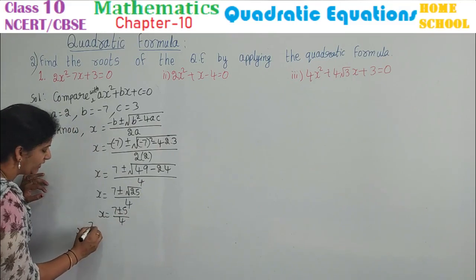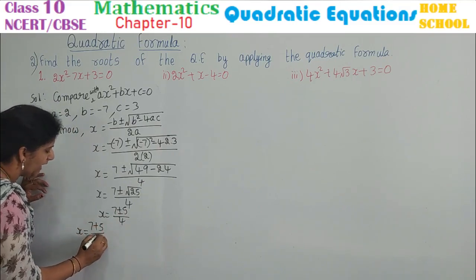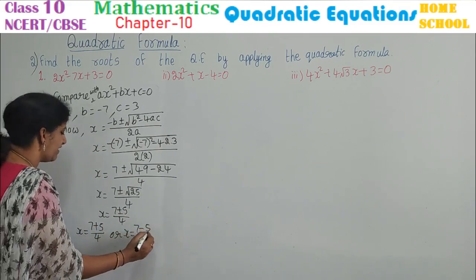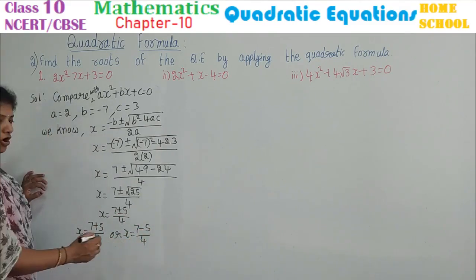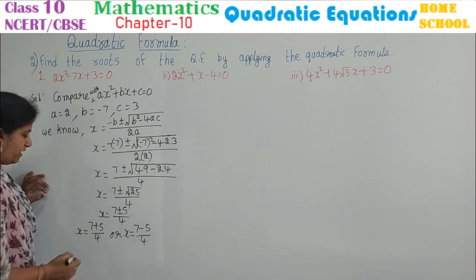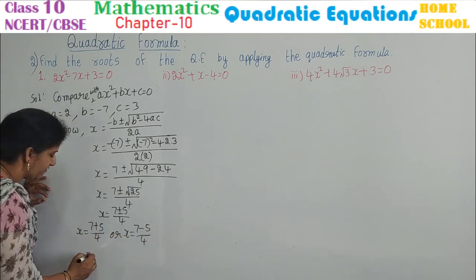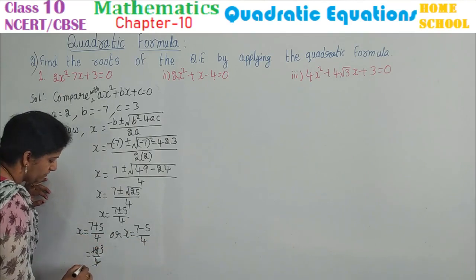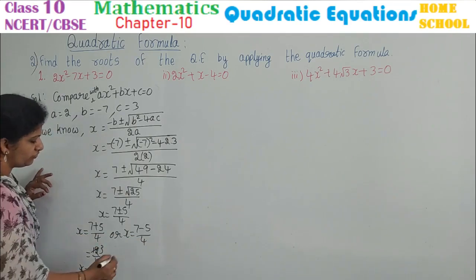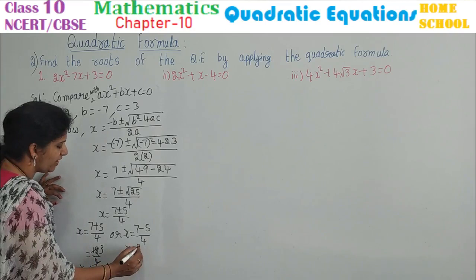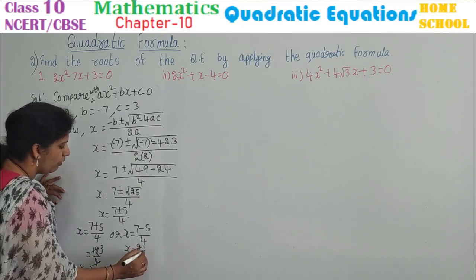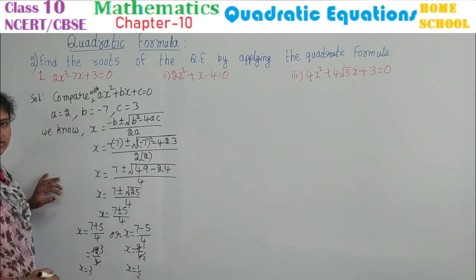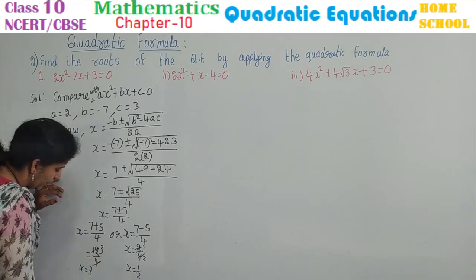One time we take with a positive sign and another time with a negative sign. x is equal to 7 plus 5 by 4 or x is equal to 7 minus 5 by 4. 7 plus 5 will be 12 by 4, that is 3. x is equal to 3. 7 minus 5, 2 by 4, 1 by 2. x is equal to 1 by 2 or x is equal to 3.